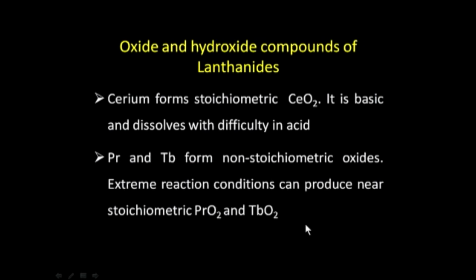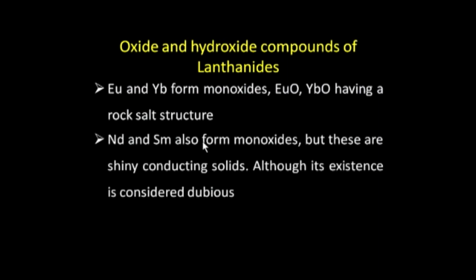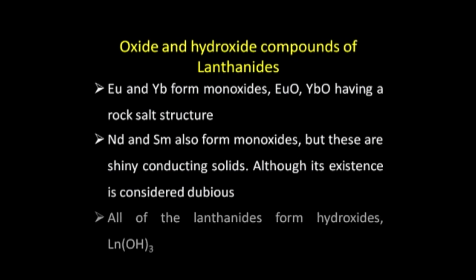Extreme reaction conditions can produce near-stoichiometric oxides of promethium and terbium. Europium and ytterbium form monoxides, europium oxide and ytterbium oxide, having a rock salt type structure. Neodymium and samarium also form monoxides, but these are shiny conducting solids, although their existence is considered dubious.